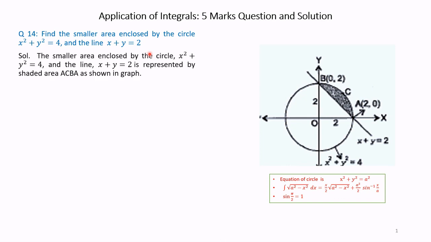Therefore, for solving this problem, when a circle is given, we have to note the equation of the circle. First point, please see here at the right hand side bottom. We have to know the standard form of integration: integral of square root of a square minus x square dx is, you have to remember from the previous chapter, x by 2 into square root of a square minus x square plus a square by 2 sine inverse of x by a.